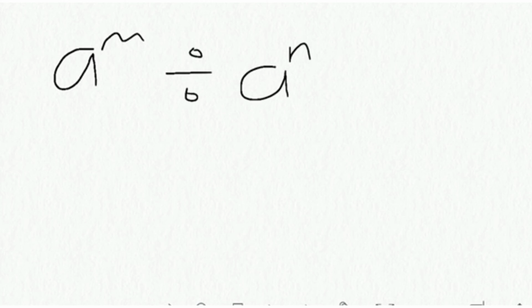A to the power m divided by a to the power n is equal to a to the power m minus n. It's a clear indication that the mathematician who discovered this rule had played with numbers first before he came up with the rule using variables.